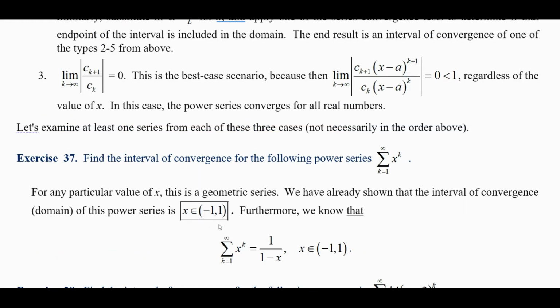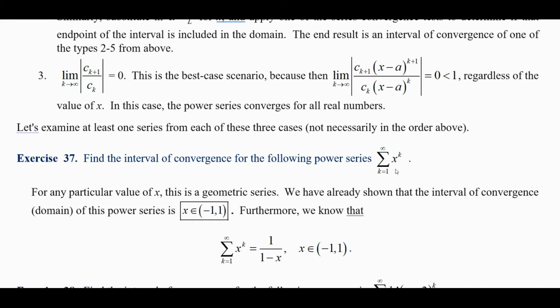Before we get into one where we actually use the ratio test, let me just remind you of one that we already know. We want to find the interval of convergence of the power series, the sum from k equals 1 to infinity of x to the k. Well, that's 1 plus x squared plus x cubed plus x to the fourth, etc. That one is actually just a geometric series where the base is x.